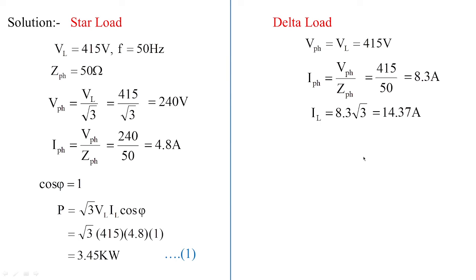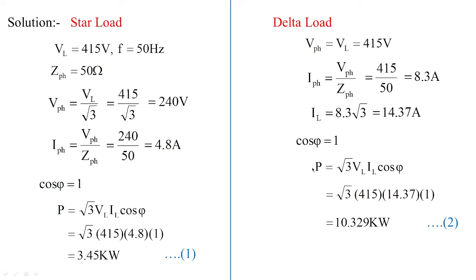Since the entire load is resistive in nature, the cos phi value is 1. Substituting into power equal to root 3 VL IL cos phi, with VL as 415, IL as 14.37, and cos phi as 1, the power is obtained to be 10.329 kilowatts. Let me treat this as equation 2.